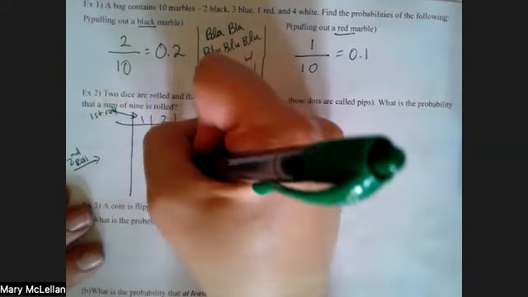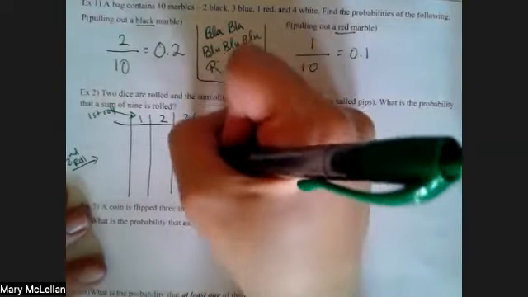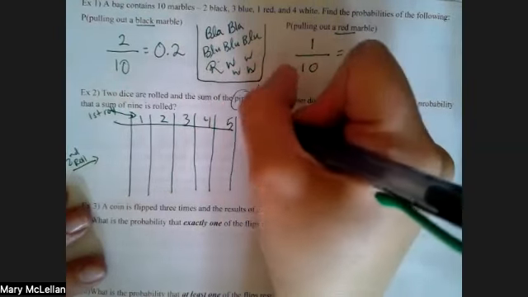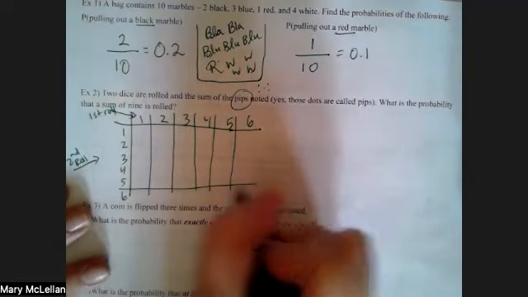Okay, 1, 2, I could roll a 3, 4, a 5, or a 6. And I could roll 1, 2, 3, 4, 5, 6. And the sample space will consist of all of the sums.